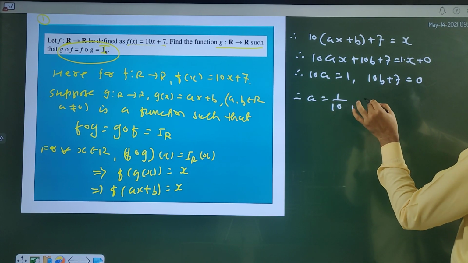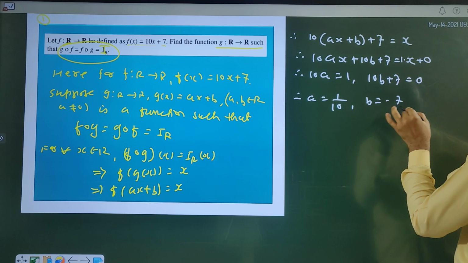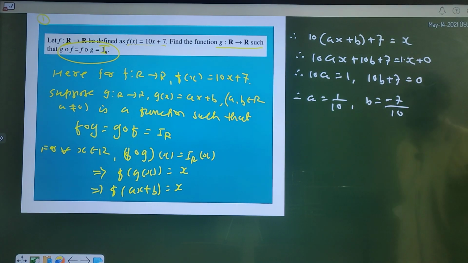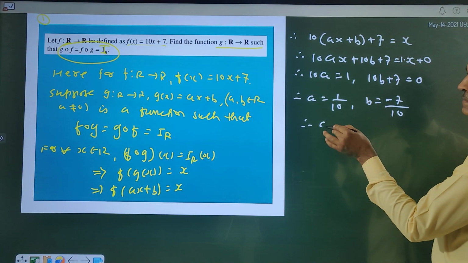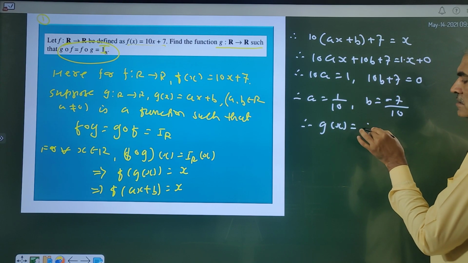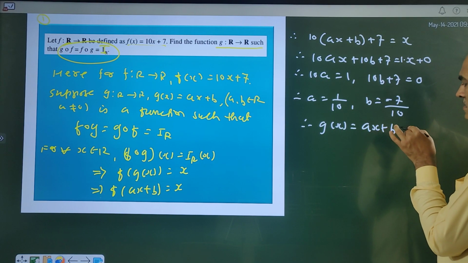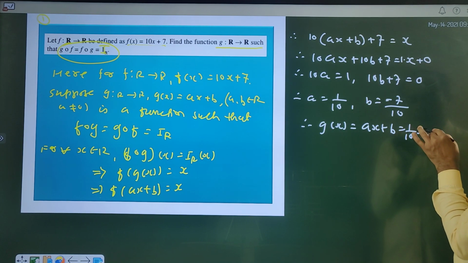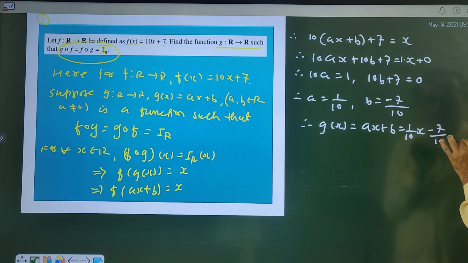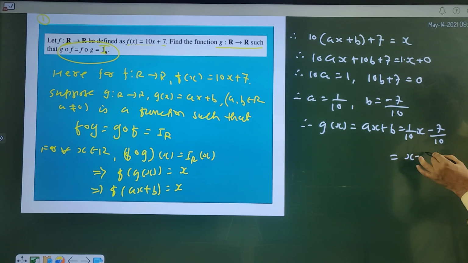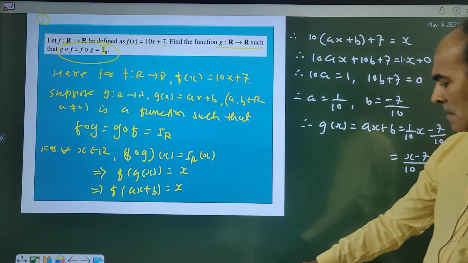So a is equal to 1 by 10, b is equal to minus 7 by 10. And therefore g(x) is equal to ax plus b, equal to 1 by 10 into x minus 7 by 10, which is nothing but x minus 7 by 10.